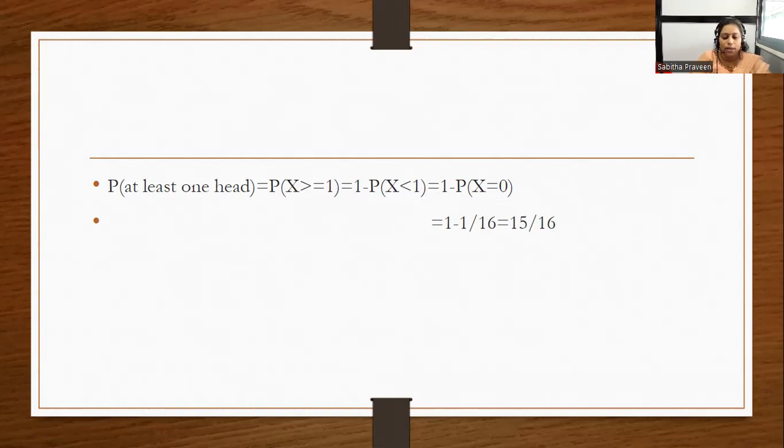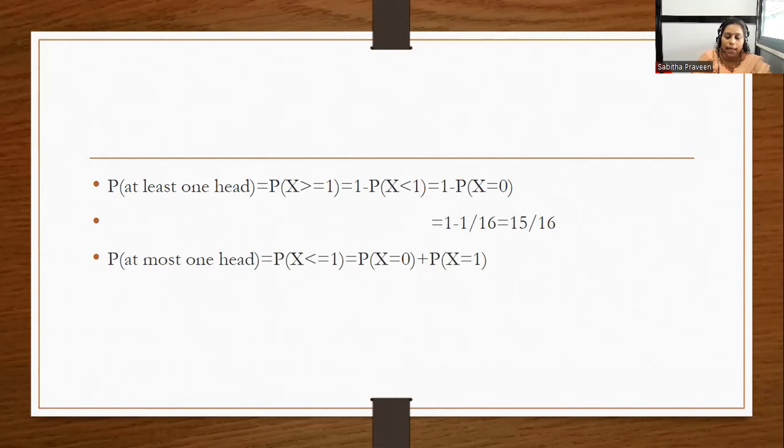One more question is there, that is the probability of at most one head. At most one head means P of x less than or equal to 1. At most means maximum, so we will have a maximum of one head. Less than one head is also possible, or equal to one head is also possible.